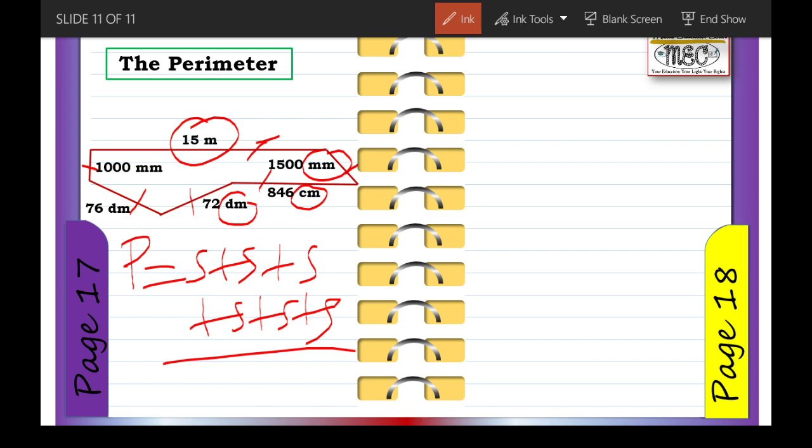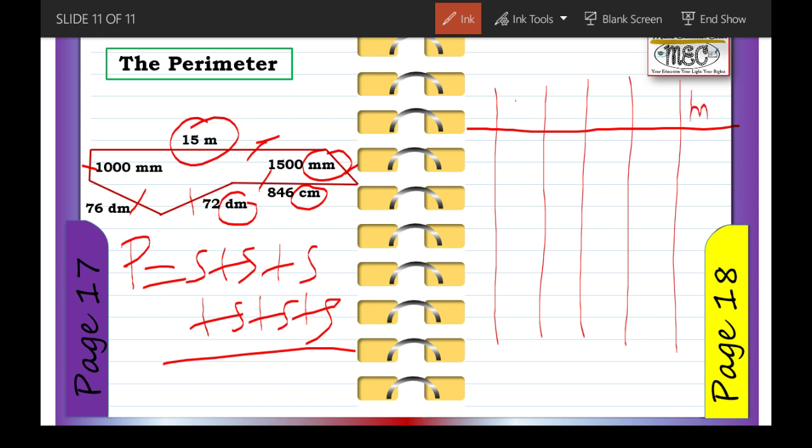Now, our perimeter will be found by adding all the sides, but you must know that you cannot do it without converting them. You first convert your units. Let's draw the conversion table.